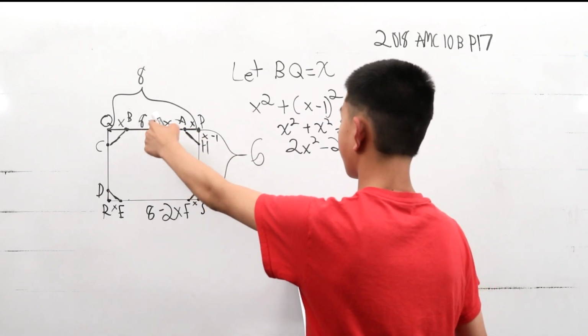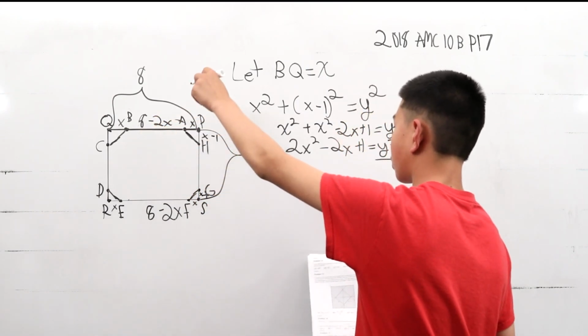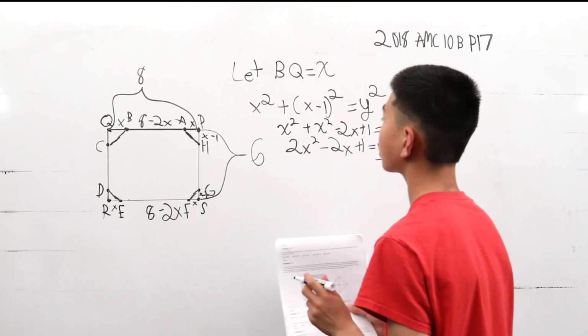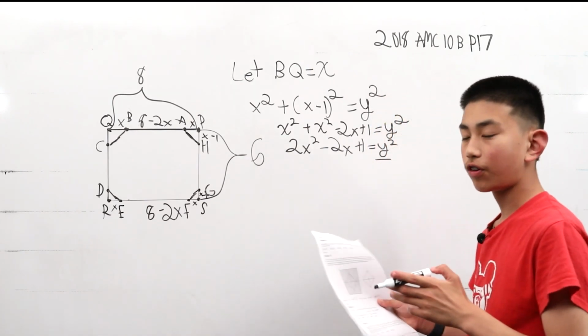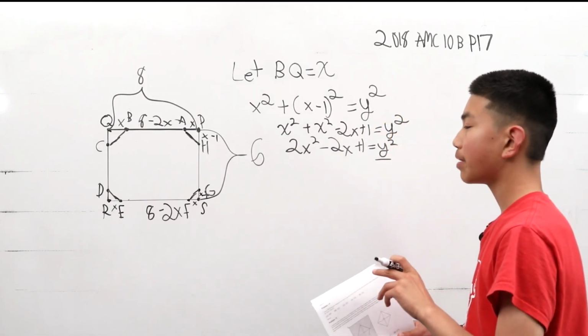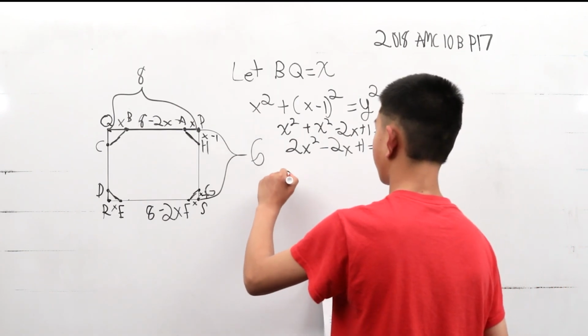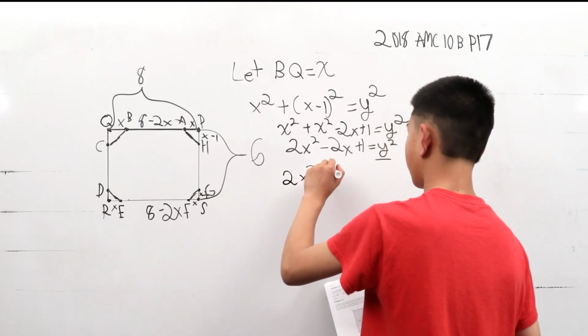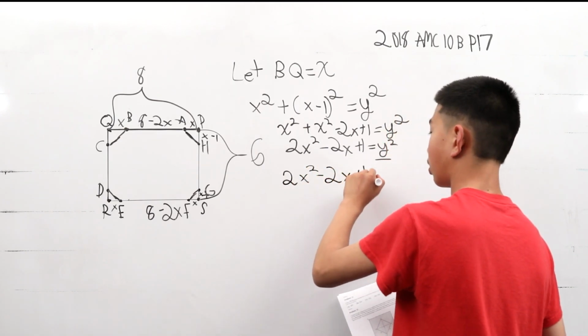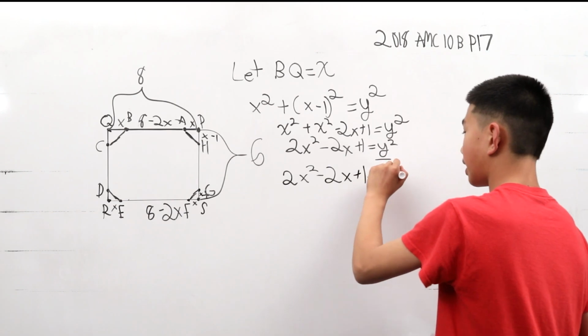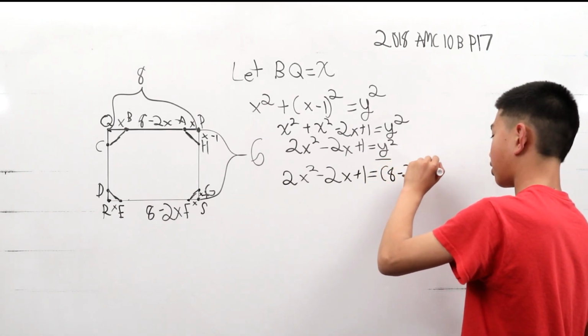It's got to be 8 minus 2x, because that's also one side of the octagon. For it to be equilateral, all the sides have to be the same. So 2x squared minus 2x plus 1 equals (8 minus 2x) squared.